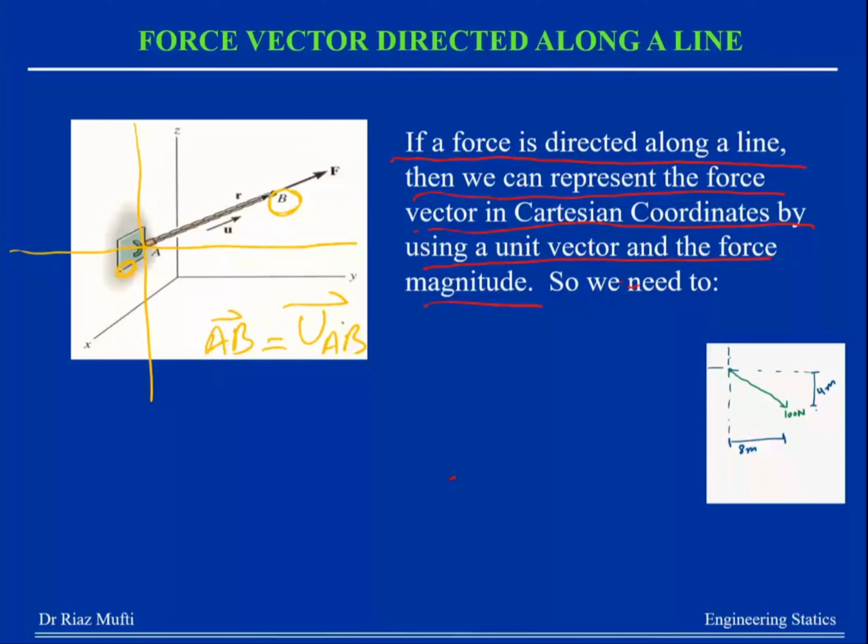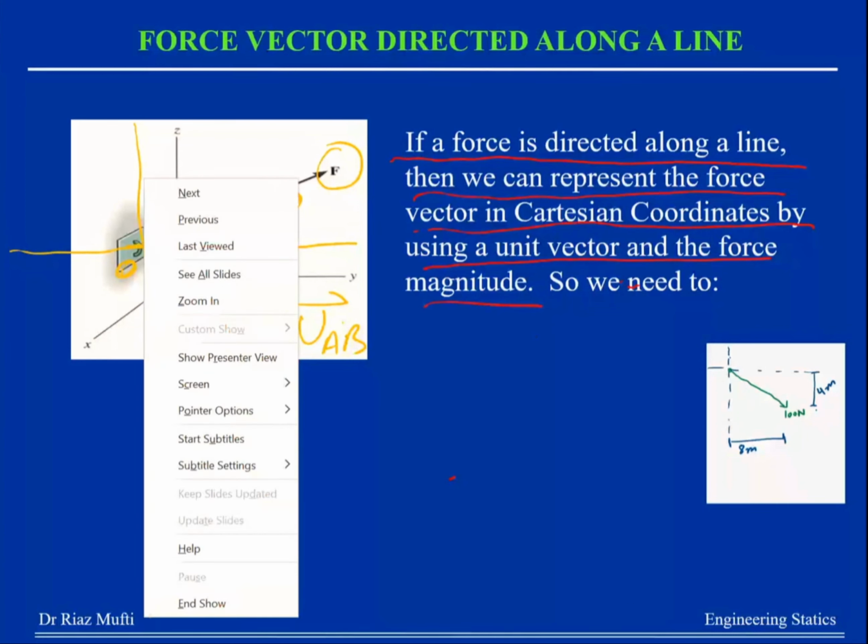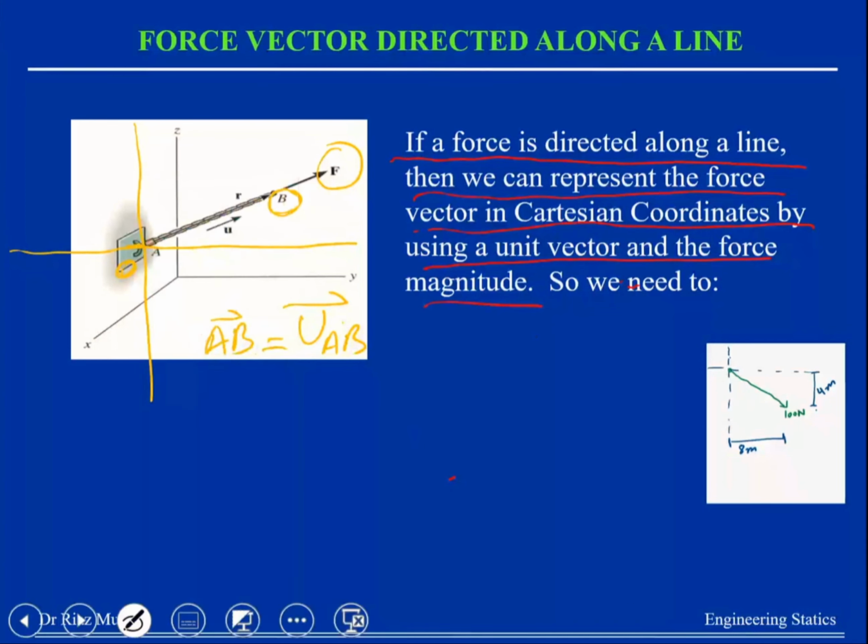Now, on that same rope, I am applying a force F. And I want the position vector of this force. The force is again being applied from the origin. So what will be the unit vector of this force? UAB is the same thing. That's what is explained here.